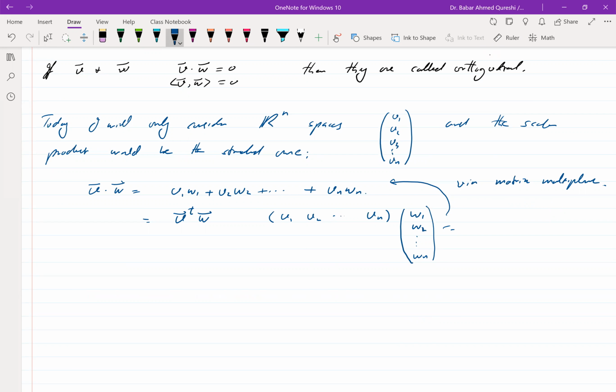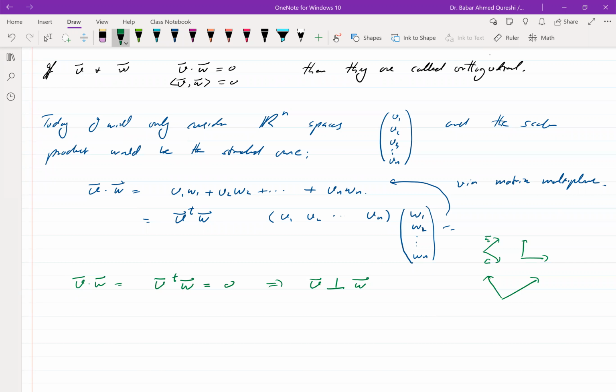So this orthogonality I can write as this. If it is zero, this implies V is perpendicular to W. Geometrically, there's an angle of 90 degrees between them. If this is V, this is W, and so on.